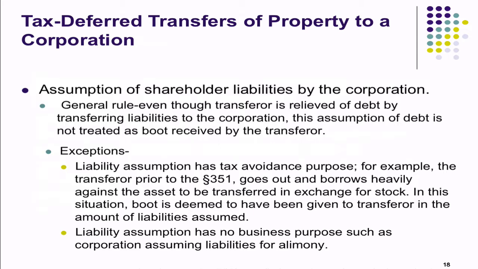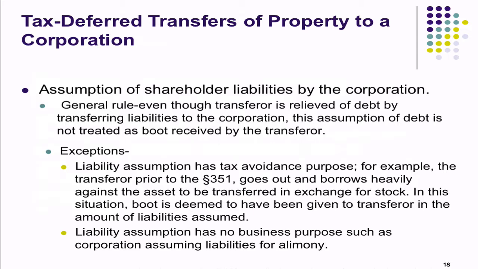So, again, an example for you, I just went through a divorce. I have an obligation to pay a ton of money in alimony. I'm a rich guy, and to my spouse, I've got a barrel of money that I owe in terms of alimony. That's a liability. It's written down in a legal document as part of the divorce that I have to pay this alimony. Well, I think I'll give that to the corporation as well in return for stock.